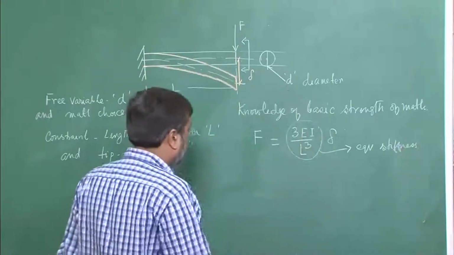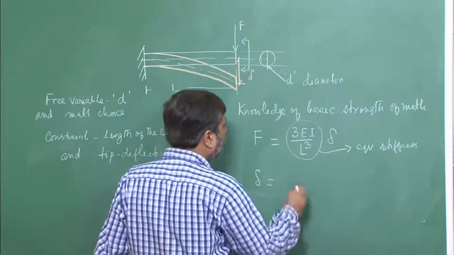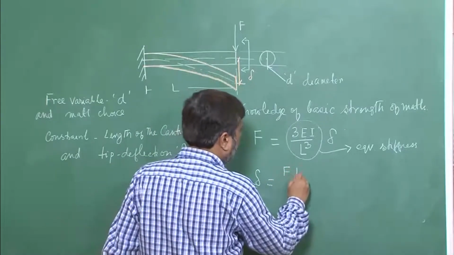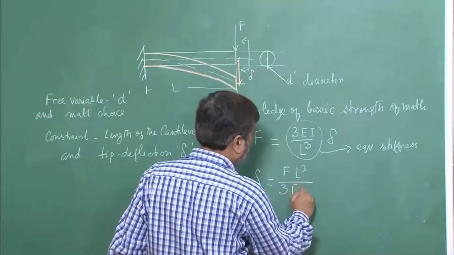In other words, I can also write that delta equals F L cube over 3EI.